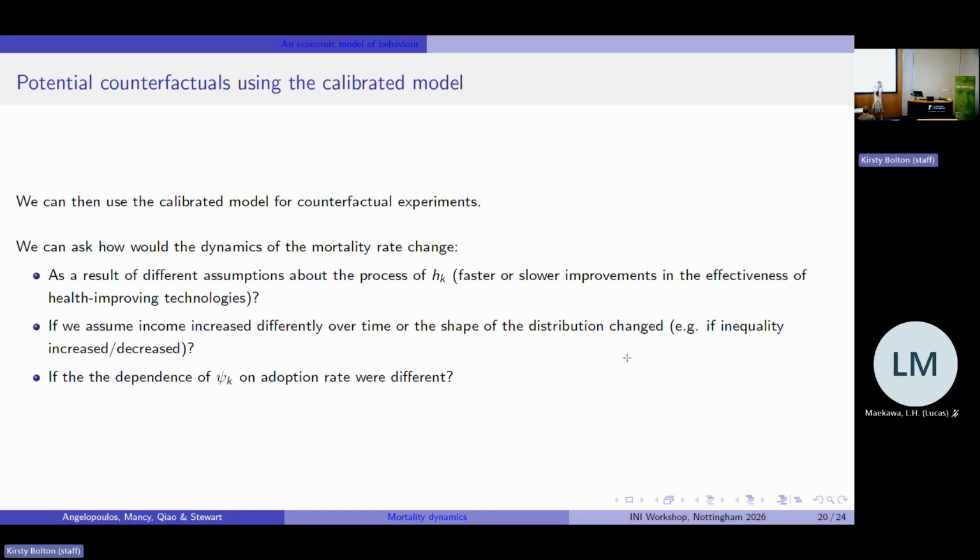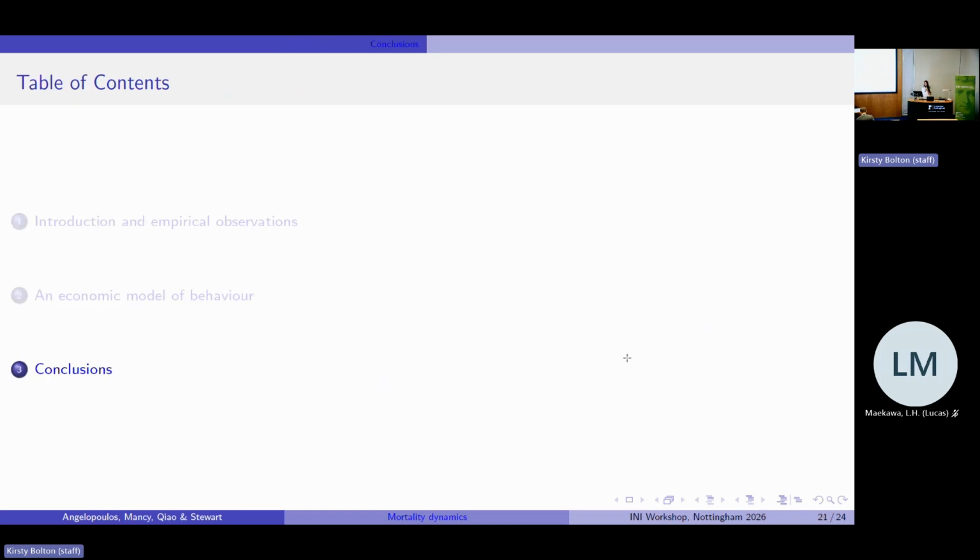And we can also explore the dependence of the per unit cost of adoption of the health technology on the adoption rate. At the moment, I think it's proportional to 1 minus the number of people who've adopted. But we could change that assumption as well and see how big an effect that has, and what kind of changes we need to make to better fit the data, or once we've better fitted the mortality data, what impact those changes have.